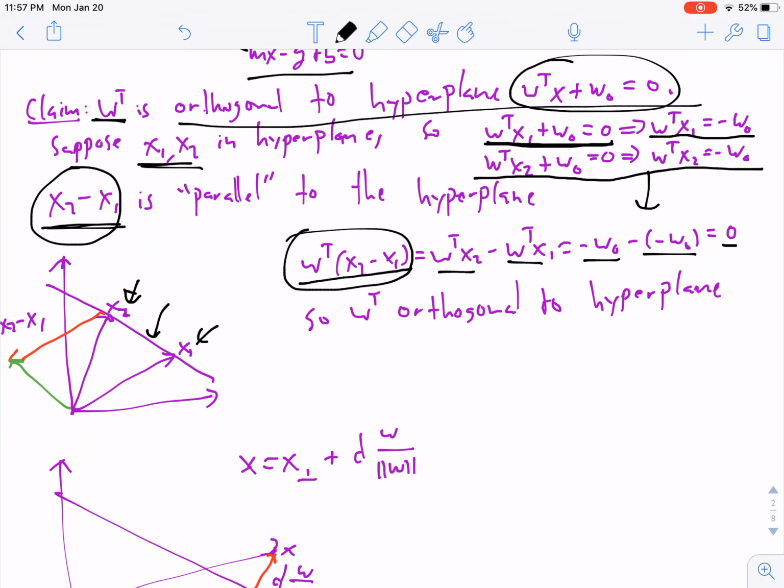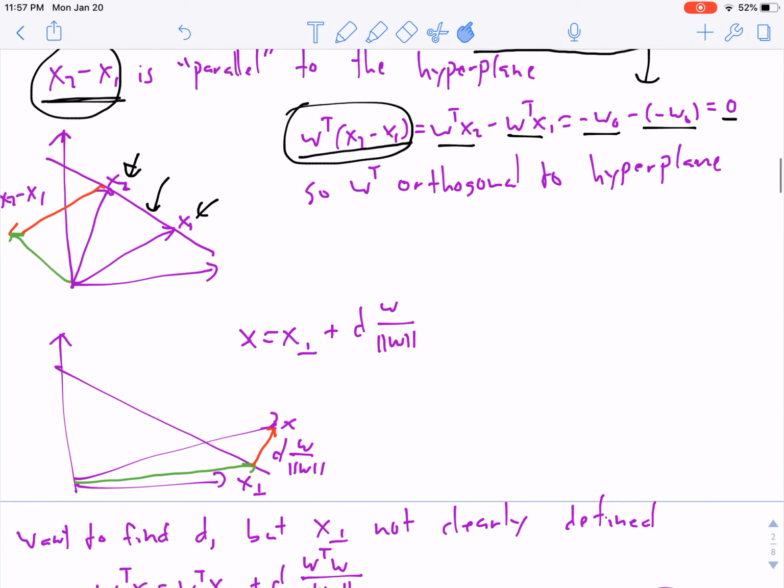What's important here is that x1 and x2 were just chosen as arbitrary points in the hyperplane. So this means that any 2 points that we pick in the hyperplane, the difference between them is orthogonal to w. That means that any vector in the hyperplane is orthogonal to w, which means that w is orthogonal to the entire hyperplane as a whole. So it's important that these can be any points in the hyperplane, and the proof holds for all of them.